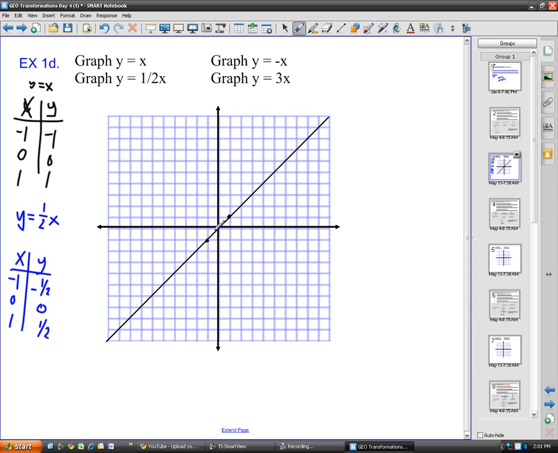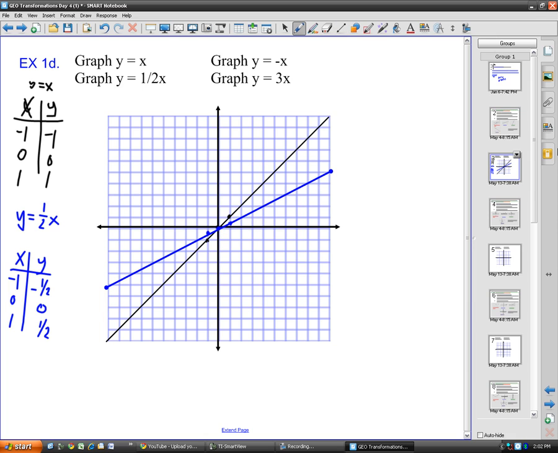So I would get a graph that goes through the center again, but it looks a little more like that. When I multiply by 1/2, the graph isn't quite as steep. It's about half as steep. Remember that the number in front of x is the slope, so I'm going up 1 for every 2 that I go over.